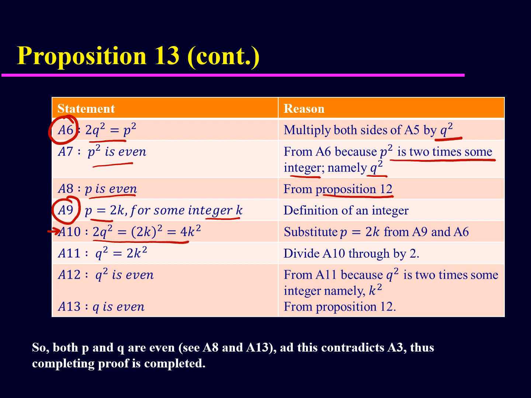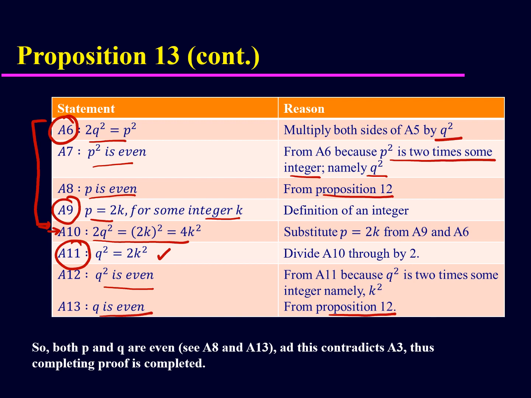This statement is based on the A6 statement. Next we have a new statement in A11, which is Q squared equals 2K squared. Based on this, Q squared is even. Again, based on Proposition 12, if Q squared is even, then Q is also even.